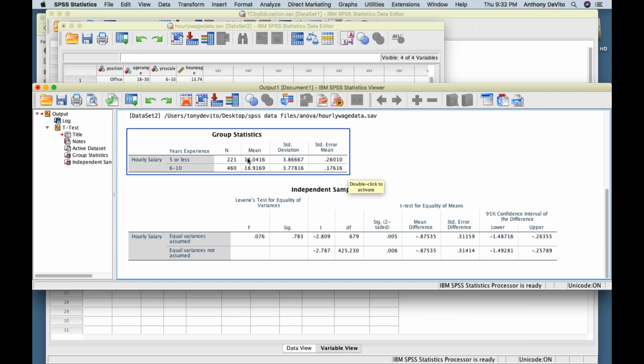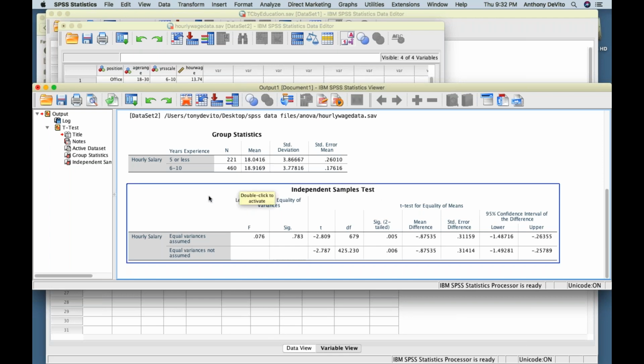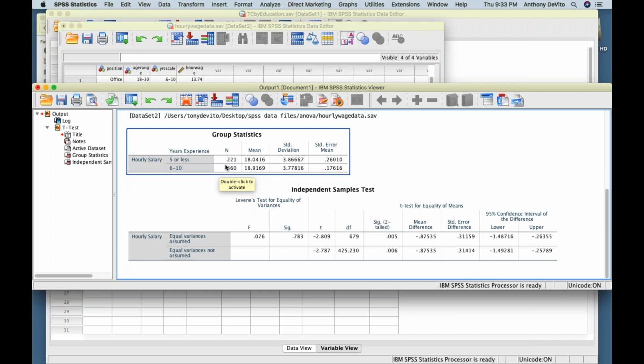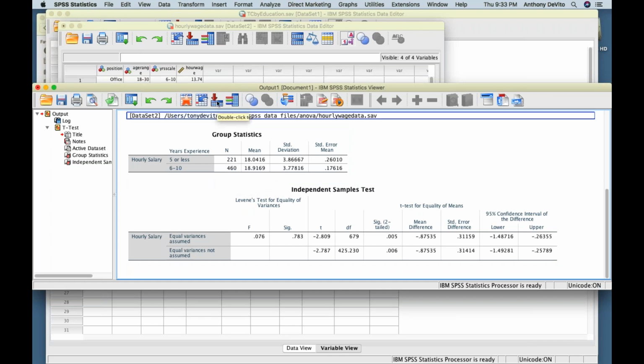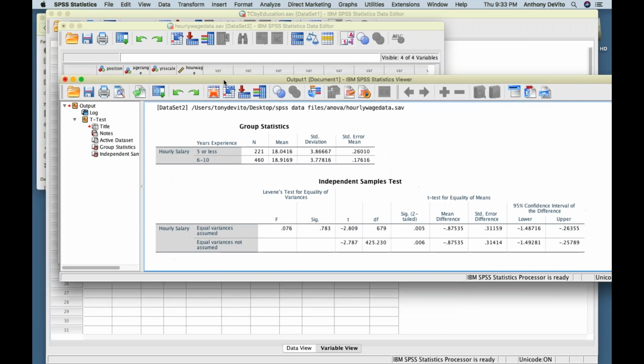Not a whole lot, right? $18 versus $19, but it's a statistically significant difference. I'm 95% sure, less than 5% chance of being wrong if I reject the null hypothesis that the two means are the same. Well, that's good if I want to just compare 2 groups out of that.